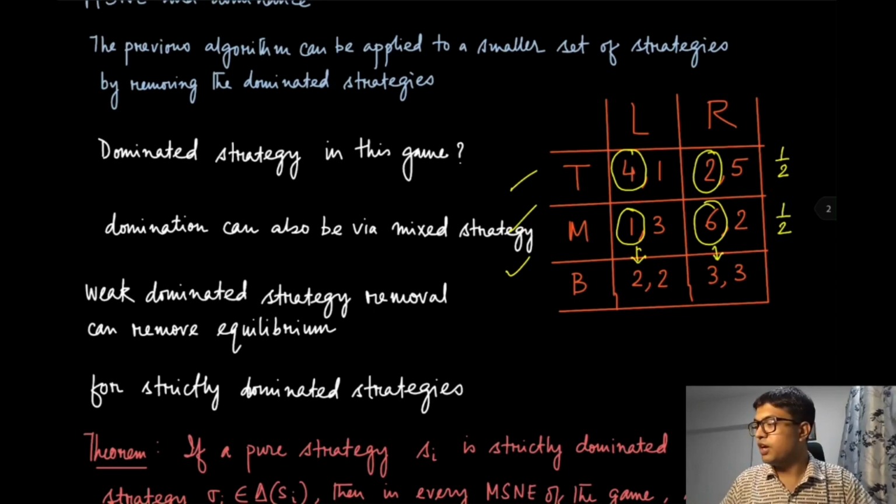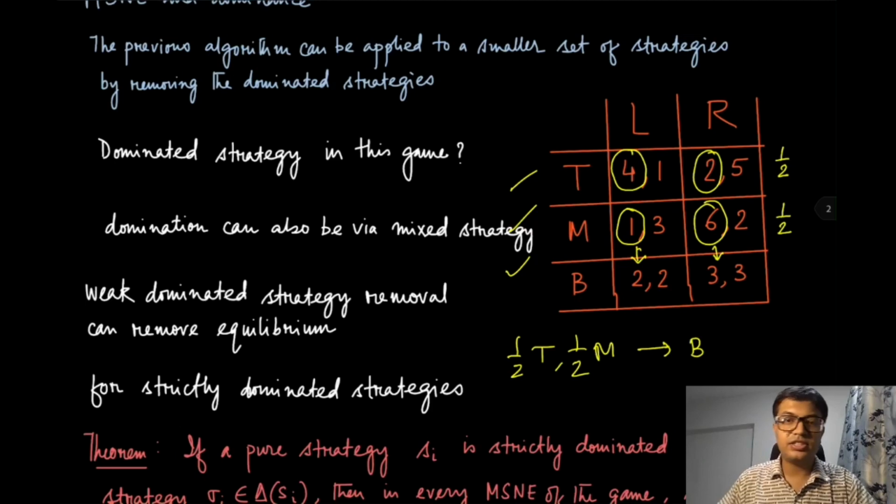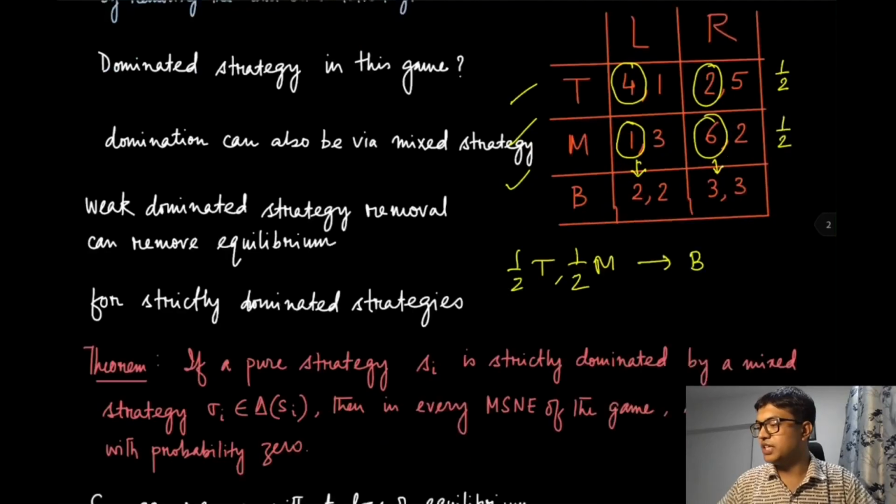Therefore, half T and half M, this mixed strategy actually dominates B. This is an observation that we did not consider when we discussed pure strategy Nash equilibrium, where we tried to find the pure domination of strategies by another pure strategy. But here we can do that even for mixed strategies.